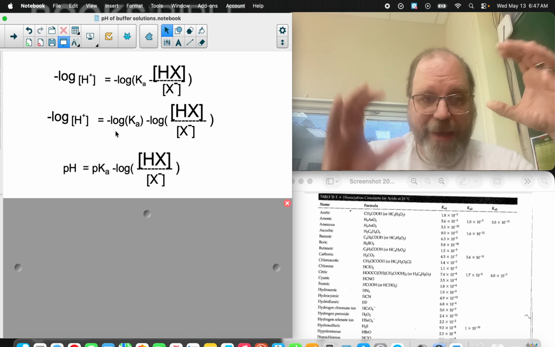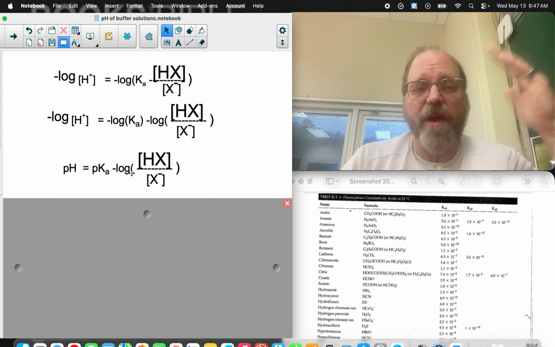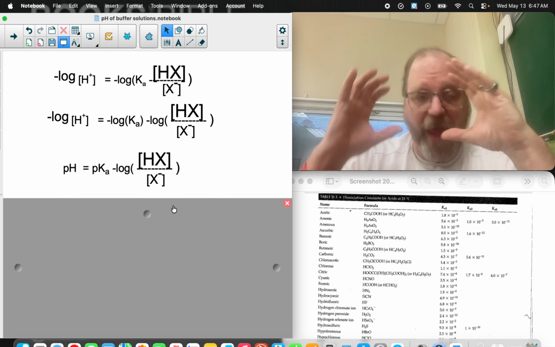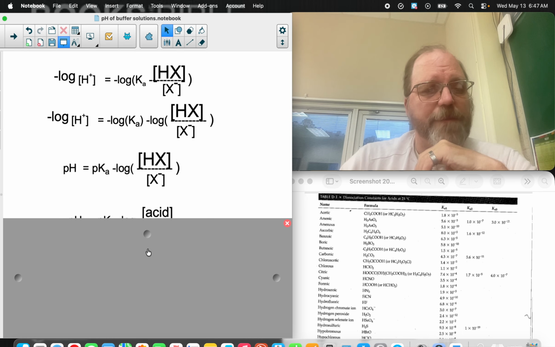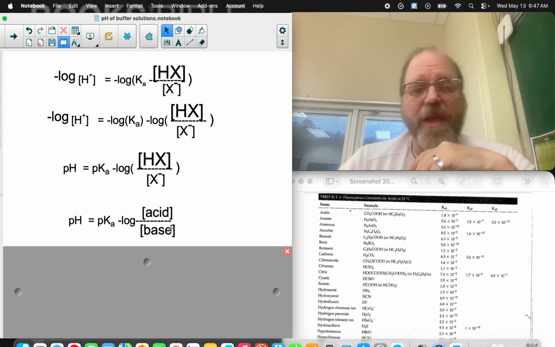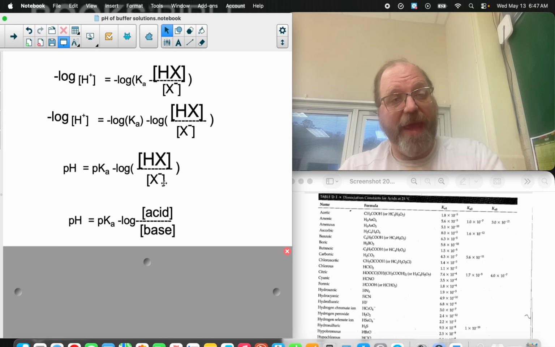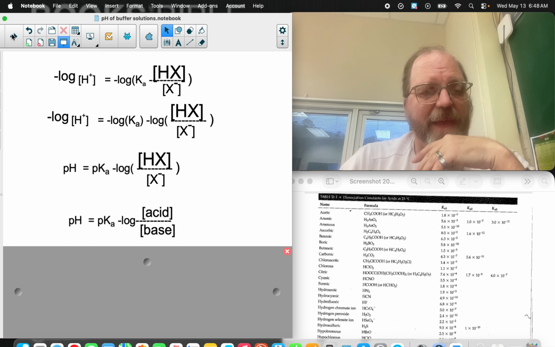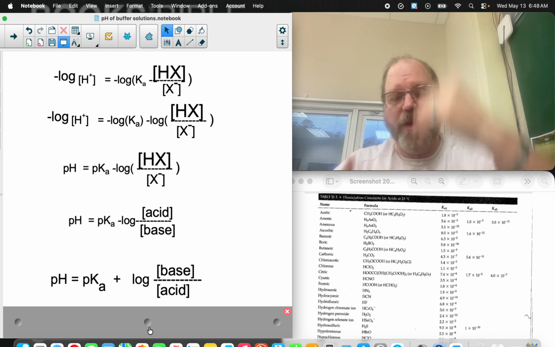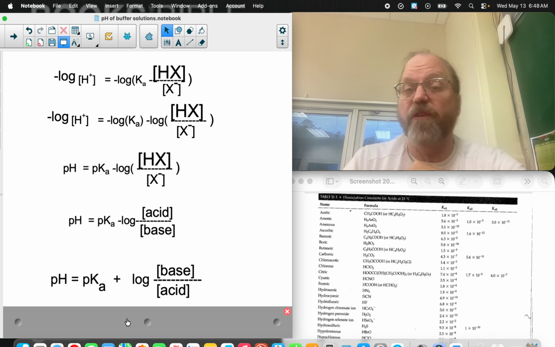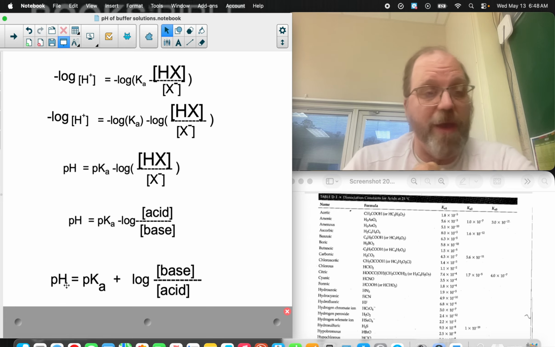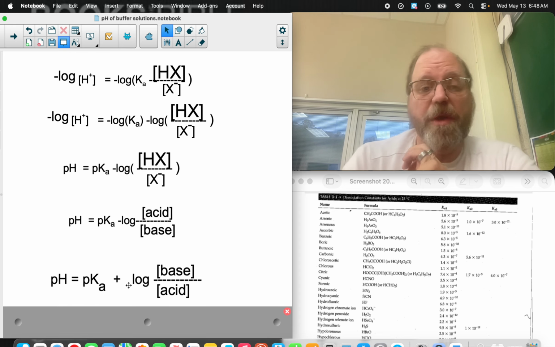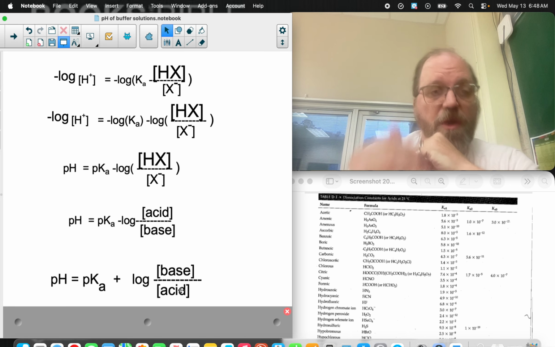Then we have the acid over the anion. We consider the anion the base. And then if we flip those, we can get it from being negative to positive. So the final equation we're going to use to find pH of buffers is pH is equal to pKa plus a log of the base over the acid.